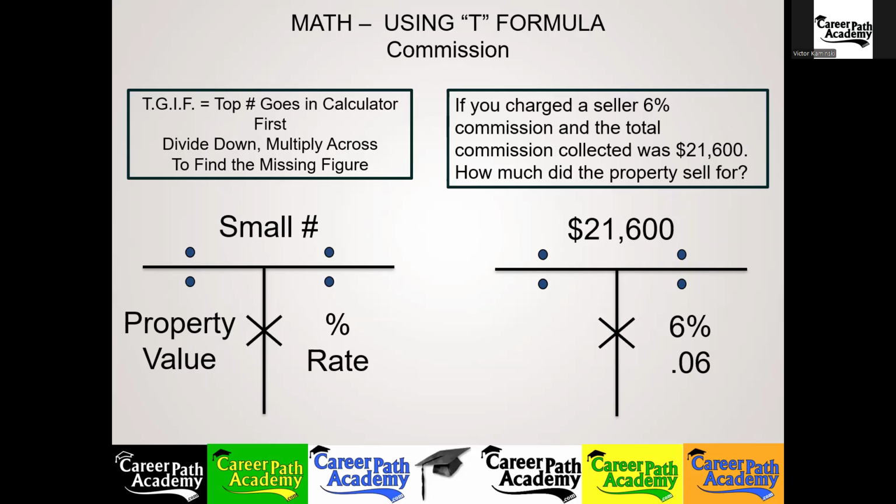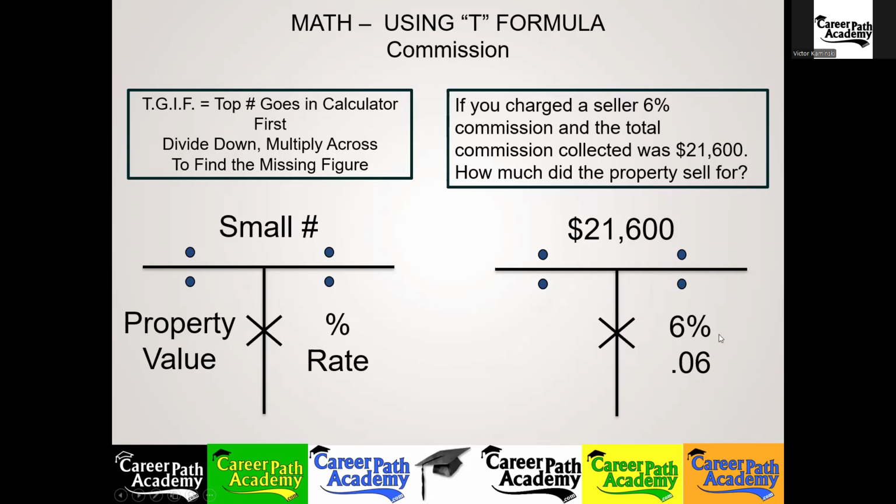I already plugged the numbers in the T formula for you. See how the T formula can be helpful instead of just plugging numbers in there, trying to see if they match the multiple choice. You draw the T formula, the small number goes up top. Small number is the commission in relation to the property value. So the large number, the property value, goes on one side.